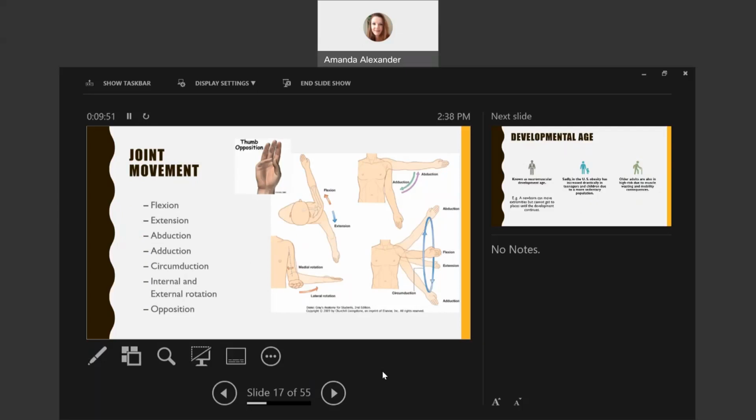Circumduction is when you are allowed full range of motion, the extremity can move in a circular motion front to back. Internal and external rotation is often done with the palm of the hand. In opposition is finger to thumb for each finger.